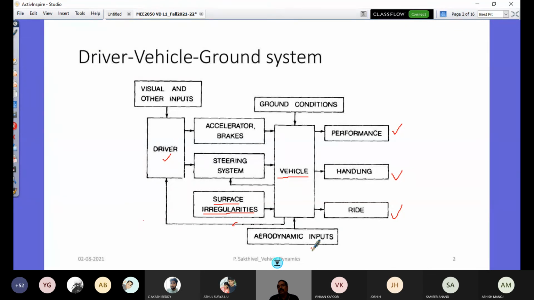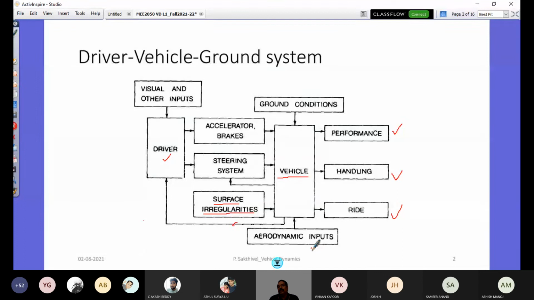There are many standards like that for perceived interior noise. So such standards are met by the vehicle, and the driver can pleasantly drive your vehicle without any fatigue, and that's what we are going to study in the ride dynamics part.